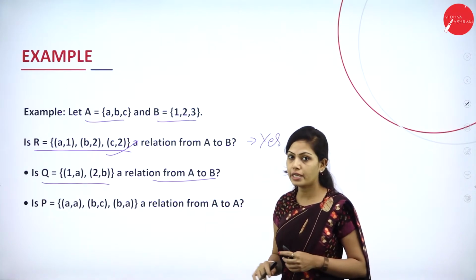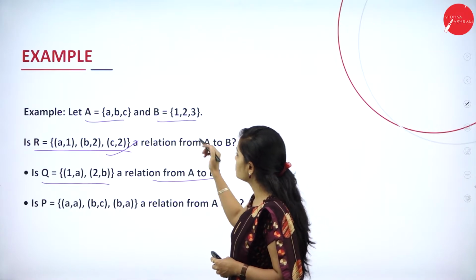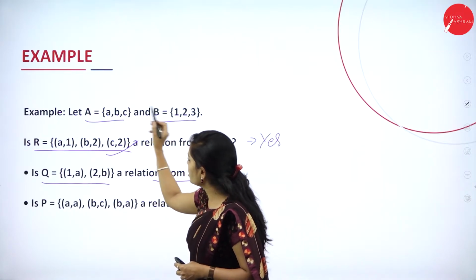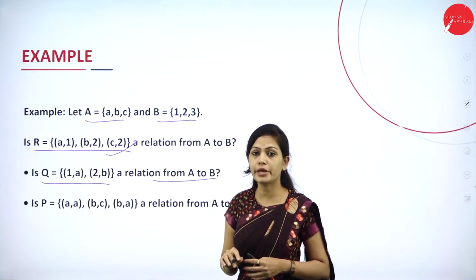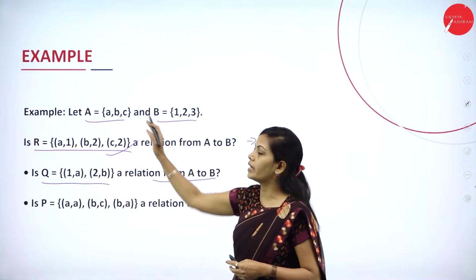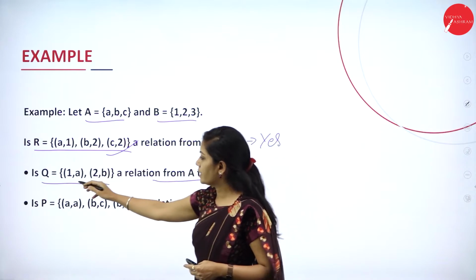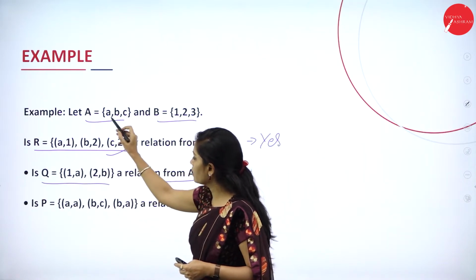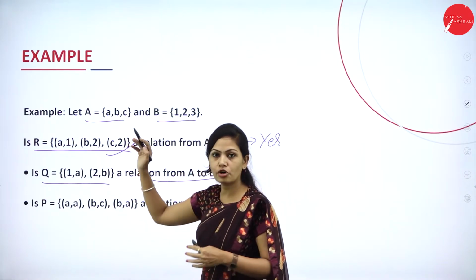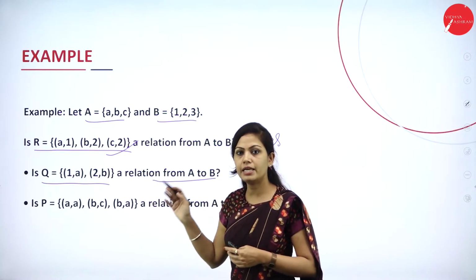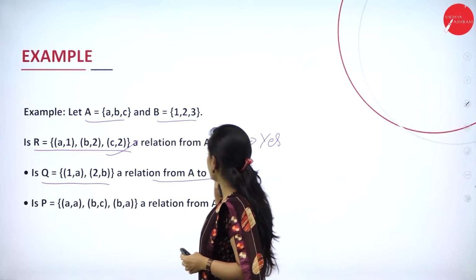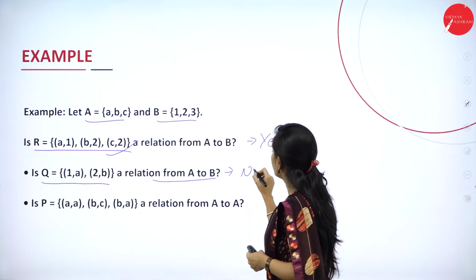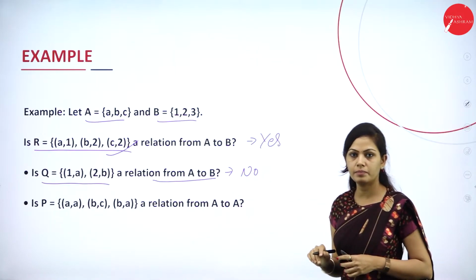No, it is not a relation from A to B because here we have 1a, 2b. It is not a relation from A to B, it is a relation from B to A. So it is not a relation from A to B.